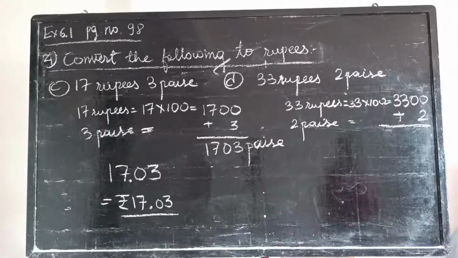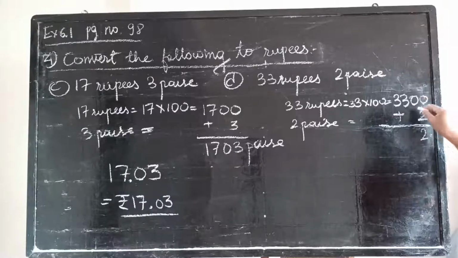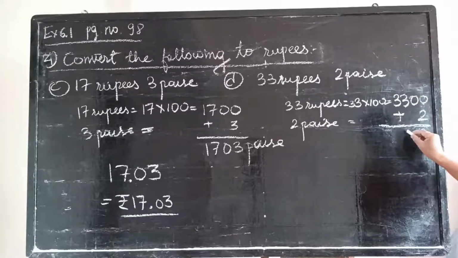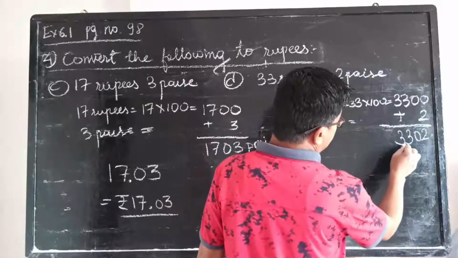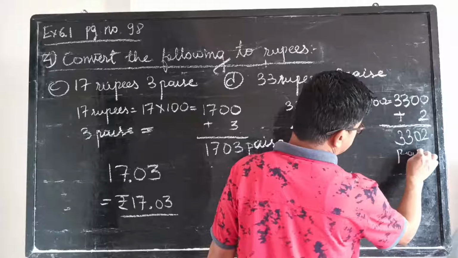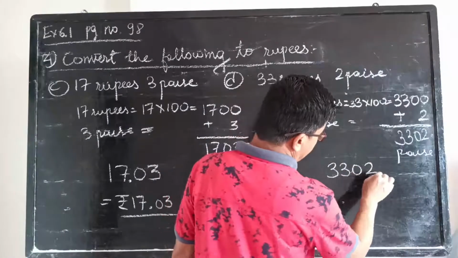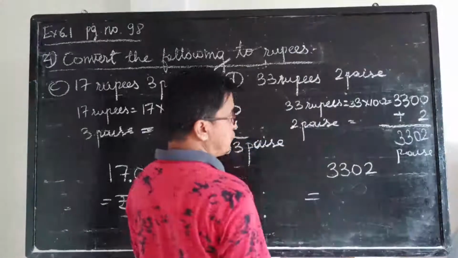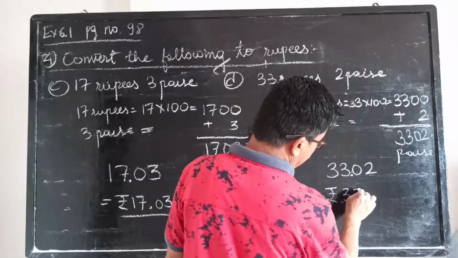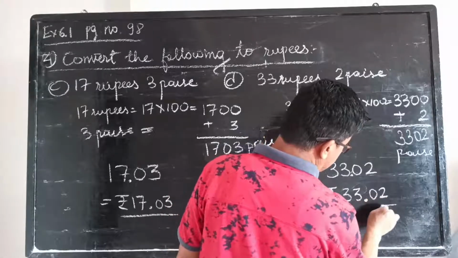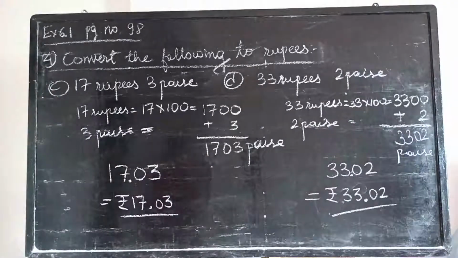Now you add 3300 plus 2. 0 plus 2, 2. 0 plus nothing here. 3 plus nothing, 3, 3 plus nothing, 3. Now this one is 3302 paise. Now you write this here, 3302 paise. Now you convert into rupees. 2 digits from the right you put a dot. This becomes rupees 33, then dot here, 02 paise. This is the answer. This is how you convert the following into rupees.